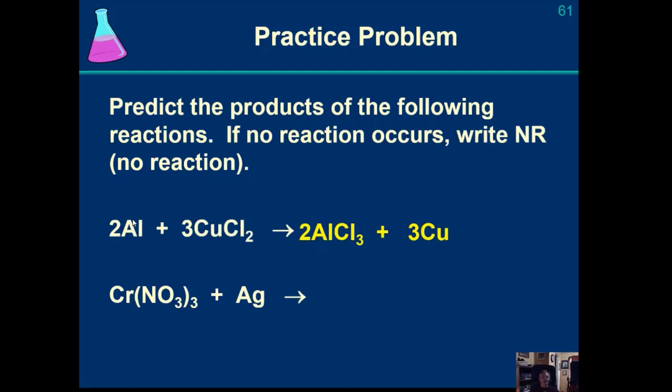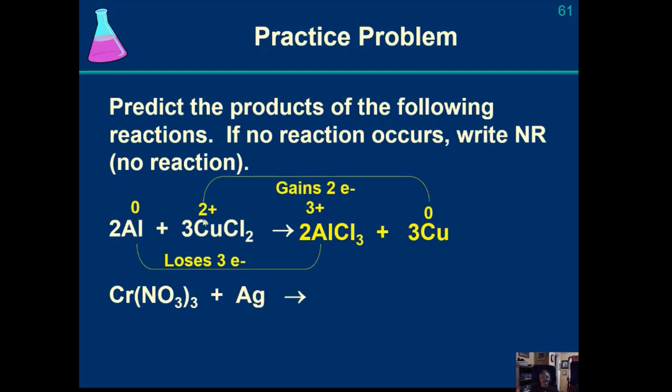We're going to go ahead and analyze it. Aluminum is an element by itself, so it has a 0 oxidation state. We determine that copper has a +2 oxidation state by looking at the 2 -1s for the chloride. Aluminum always has a +3 oxidation state when it's in a compound, and then copper is an element by itself. It has a 0 oxidation state. So we know that each aluminum atom will lose 3 electrons to become a +3 cation.